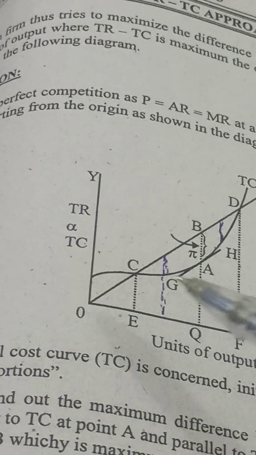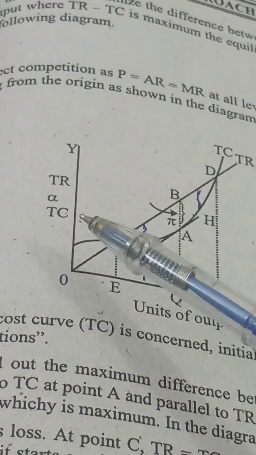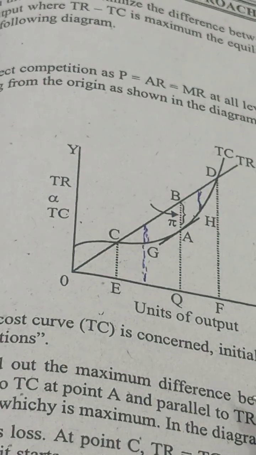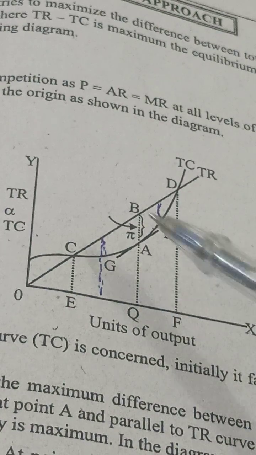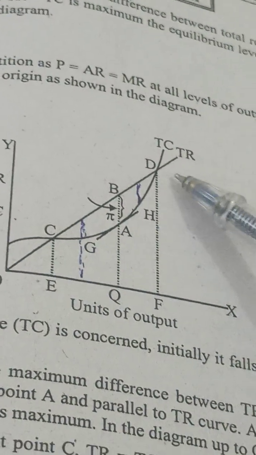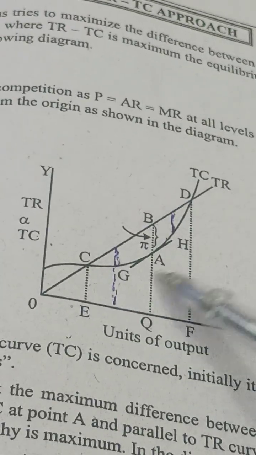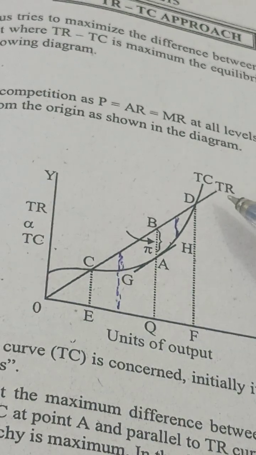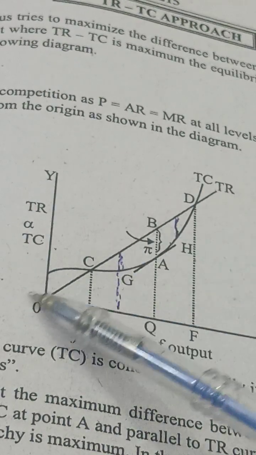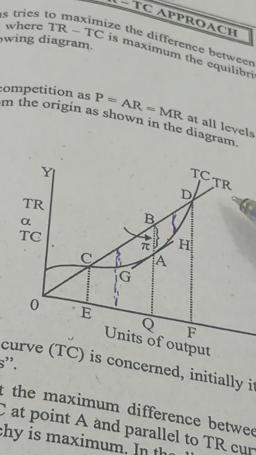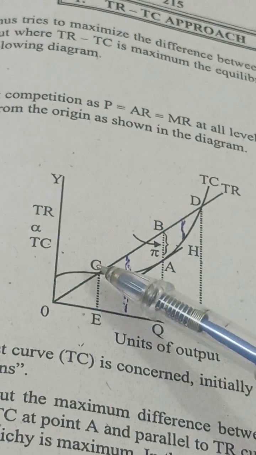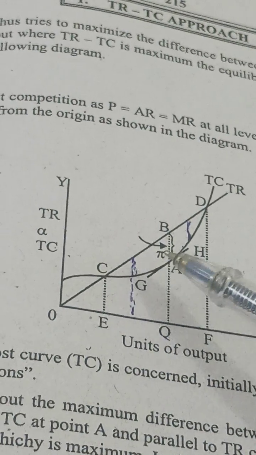For example, in this diagram, on the vertical axis revenue and cost are given and on the horizontal axis units of output. The mud-shaped curve is the total cost curve, and the TR curve under perfect competition is positively sloped with constant slope, meaning constant price or marginal revenue or average revenue.